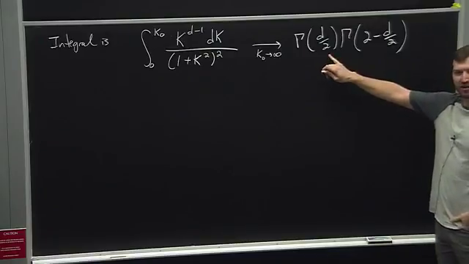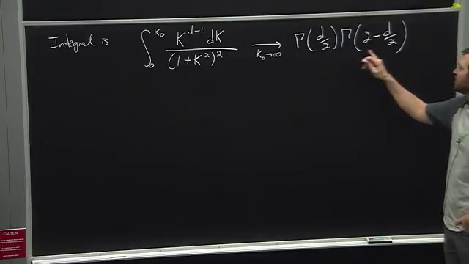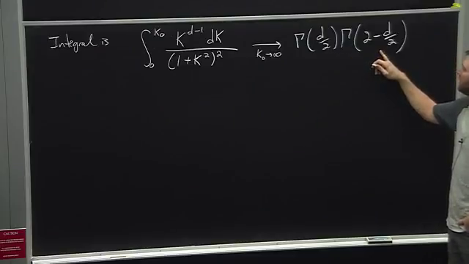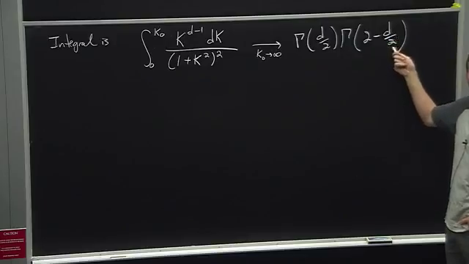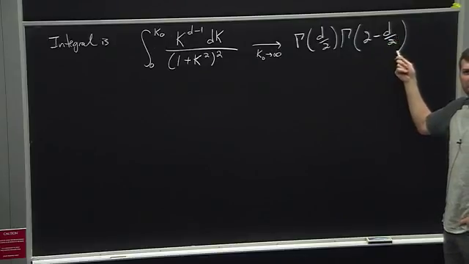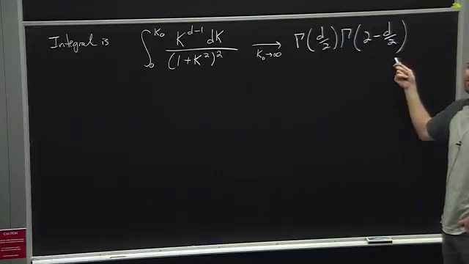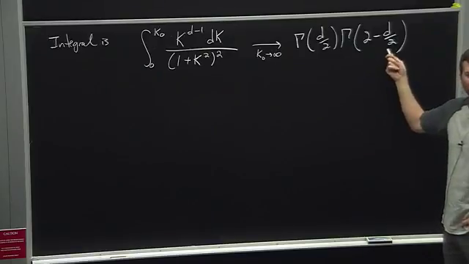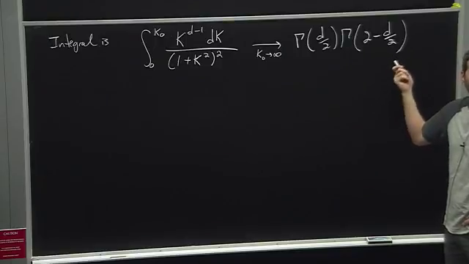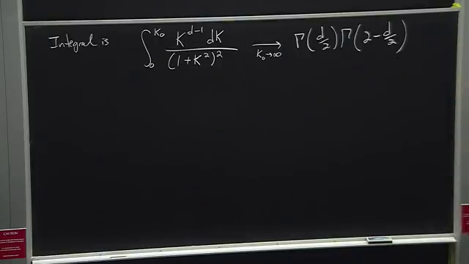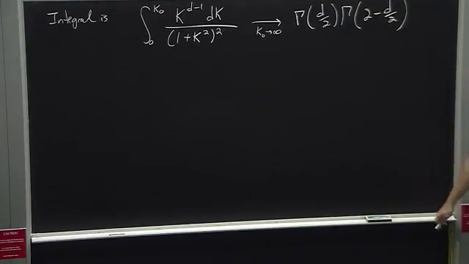Okay, so the dimension occurs in the gamma function. The second one can be negative if your dimension's high enough. What's a gamma function of a negative argument? I don't know. It's singular. It doesn't make any sense. If you write it out in terms of the definition, it's singular.